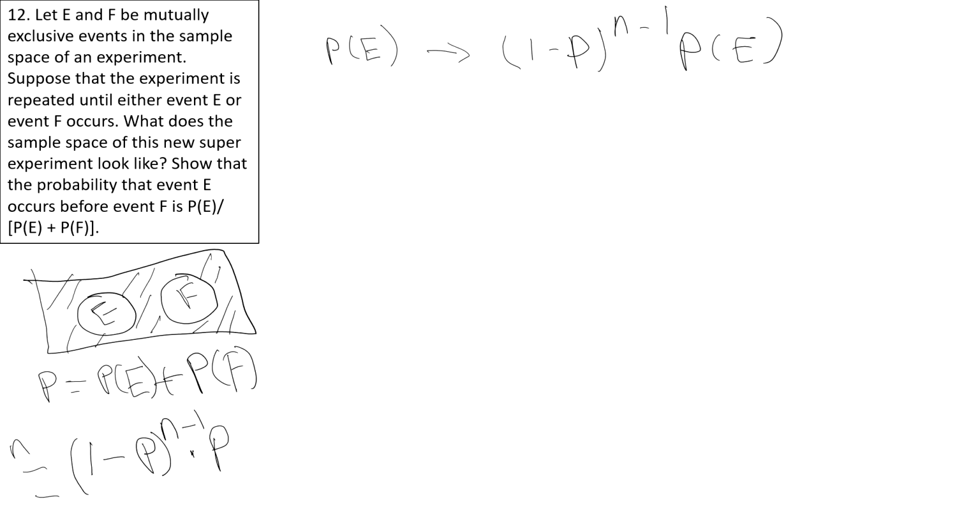If you notice, this is actually a geometric progression series, and it is an infinite series because it can go on for infinite. So the sum of an infinite GP is like this.